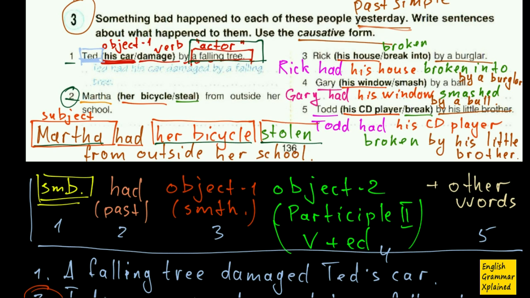Then we have the past participle, just like in passive structure. And then we can, but it's not necessary, have our actor, or agent, or performer, who actually performs the action. So, this is my performer. He performs this action. This action is performed on this object. And this object belongs to this subject. That's the whole logic of causative form.